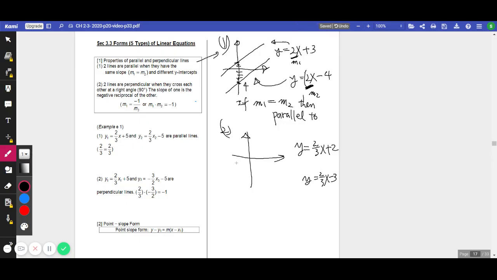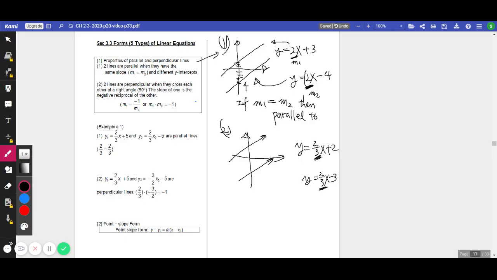So one goes like this, and the other one goes like that. Then they are parallel to each other because the slopes are the same. So these are the examples of two lines that are parallel to each other. So without actually drawing, by comparing the slopes, if they are the same, they become parallel to each other.